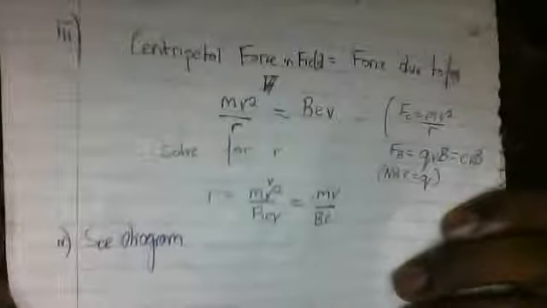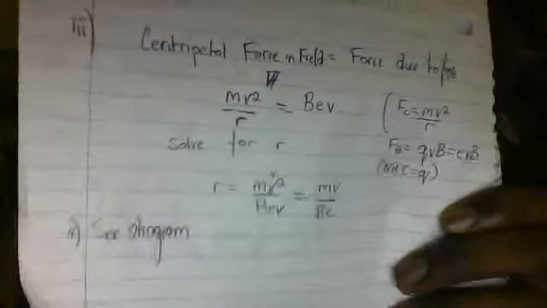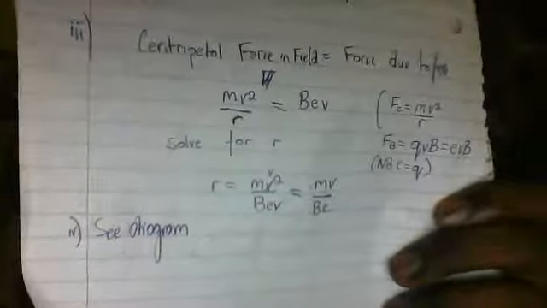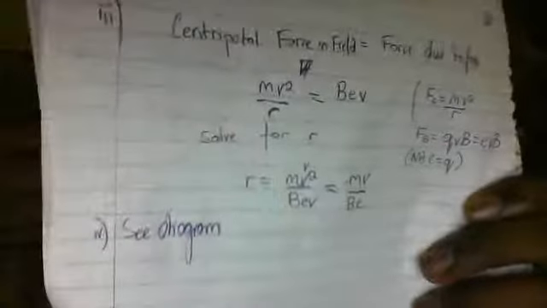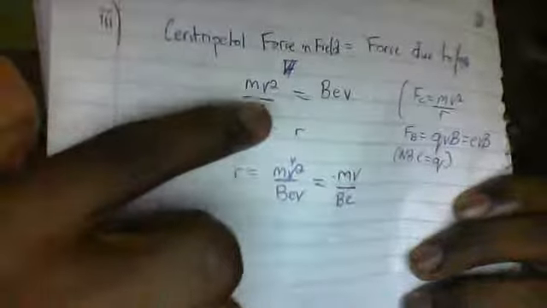Now anyway, we move on to the next question, which was essentially asking us to prove the formula for the radius of curvature of the charged particle in a field, right? Remember we mentioned that centripetal force. That centripetal force would be equal to mv squared over r, where v squared over r gives you the centripetal acceleration, so it's mass times acceleration.